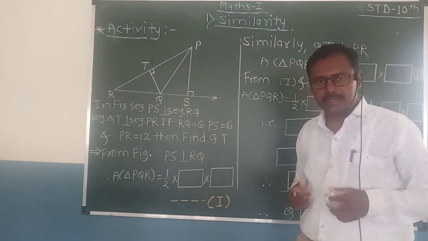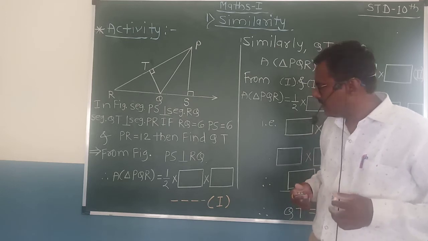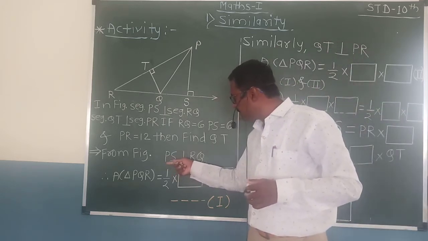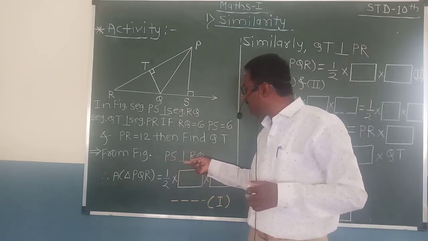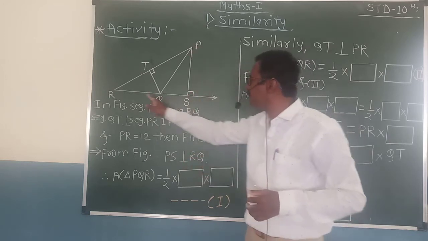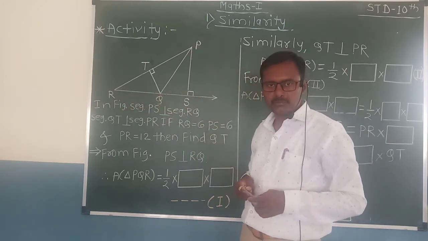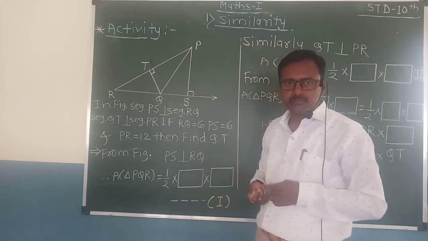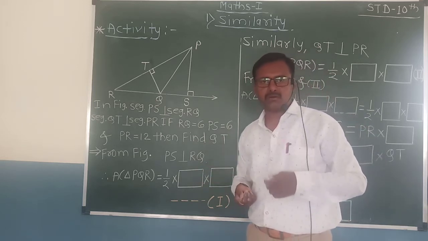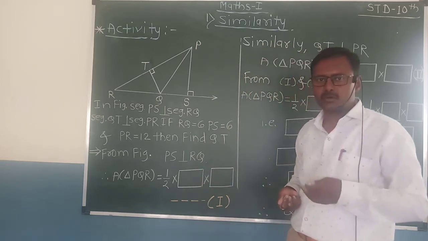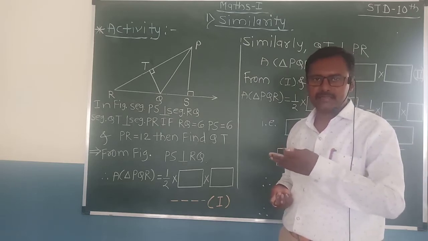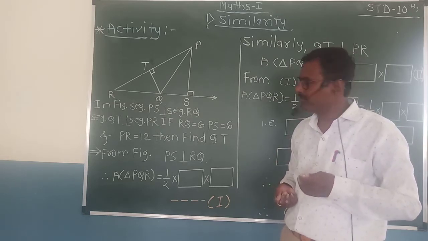Related to the above activity, they have given us PS perpendicular to RQ. We know the formula, just as we explained before, 1/2 base into height to calculate the area of any triangle.